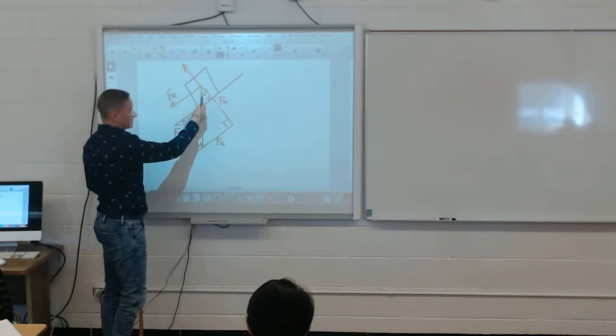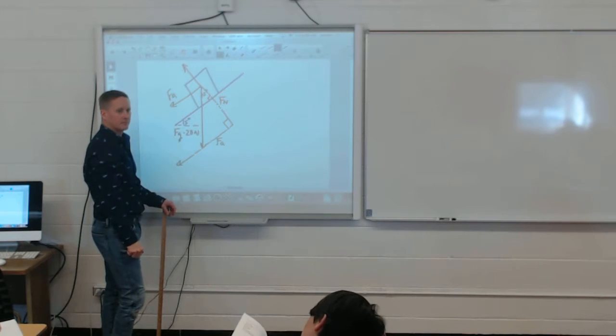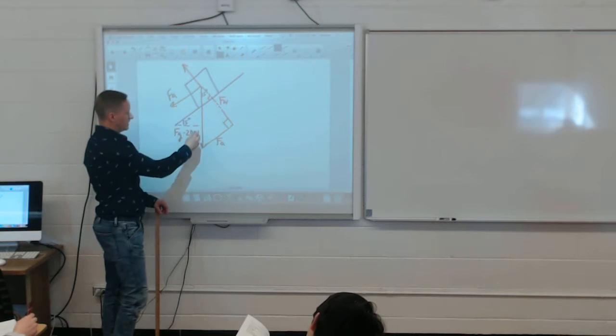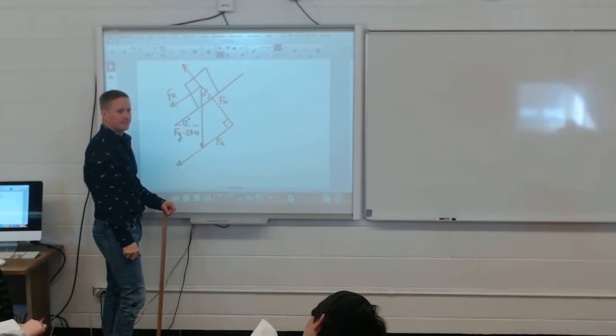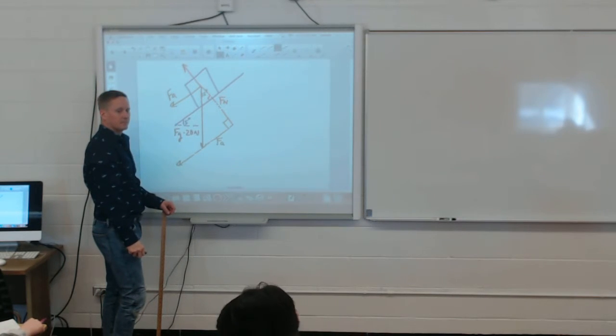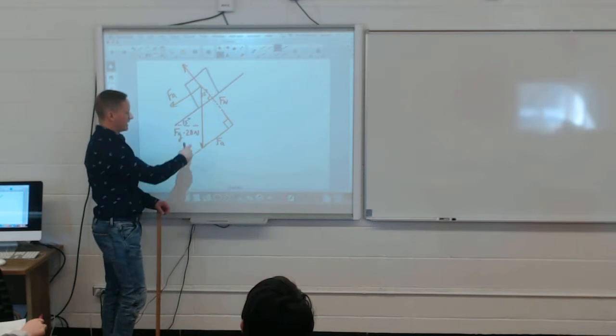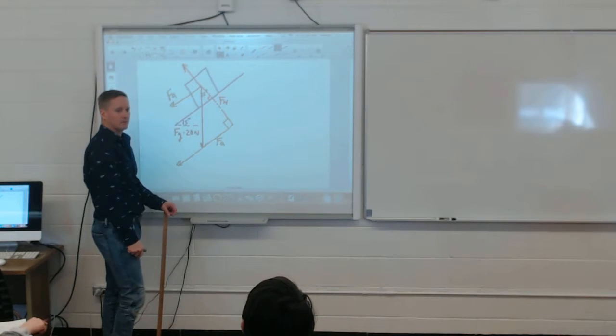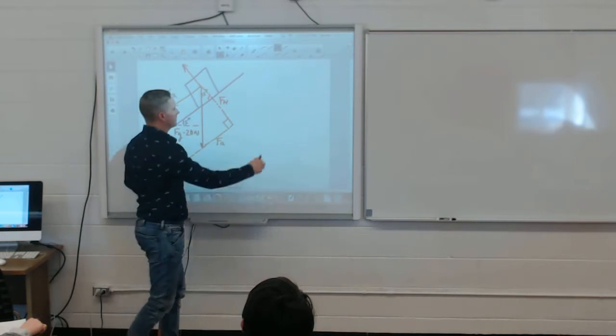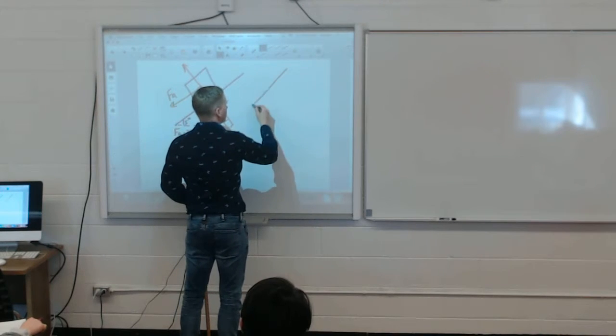Where is this in relation to that angle? It's opposite. You said this was opposite, so that can't be opposite. Let me draw this a little bit better so it's easier for you to see.